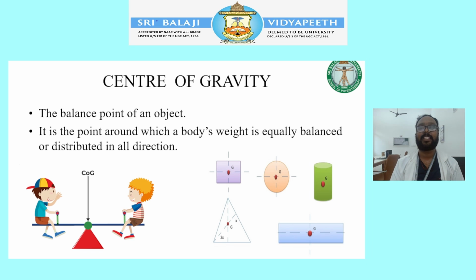Anatomically, the point can be represented as the point of intersection of all three cardinal planes, namely frontal, sagittal and transverse planes. The center of gravity can be located within or outside the body depending upon the body's configuration and position. When the body is uniform, the center of gravity lies within the object. When the body is not uniform, the center of gravity lies outside the body.